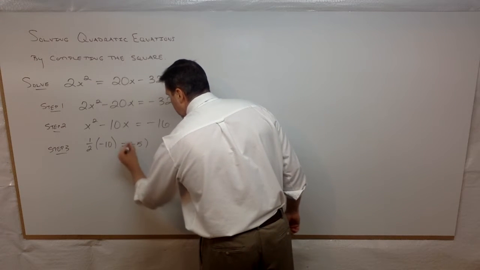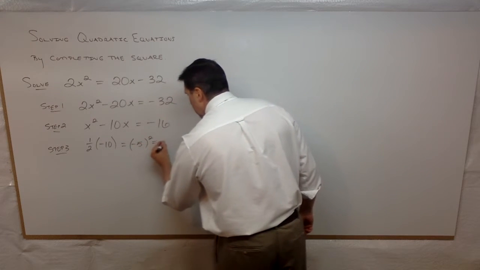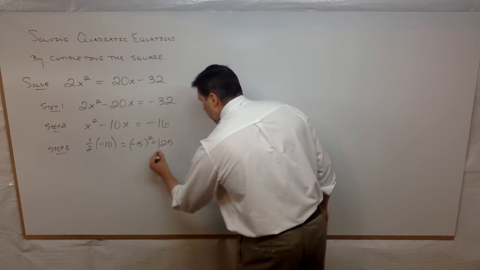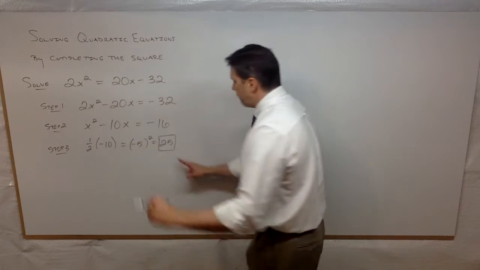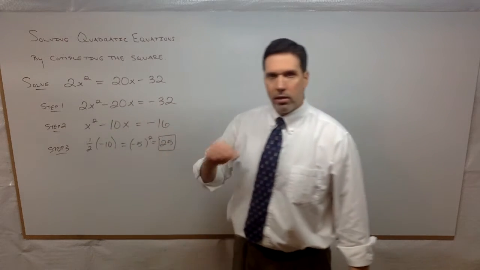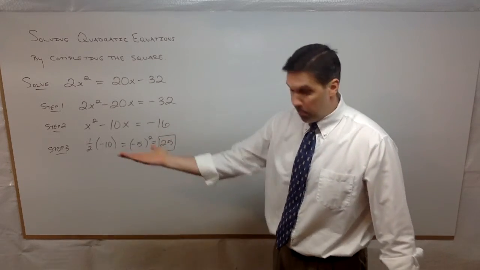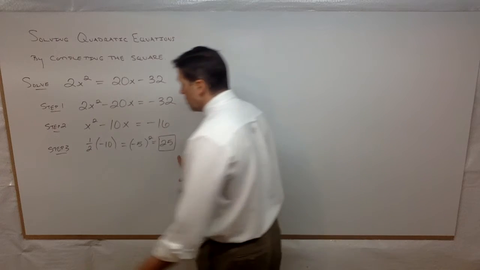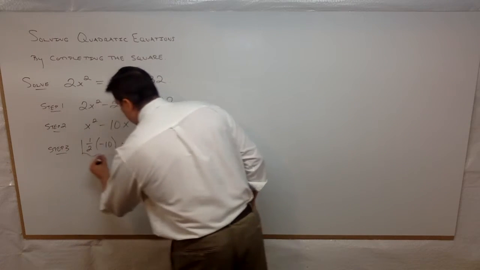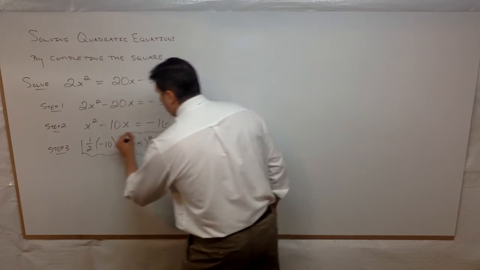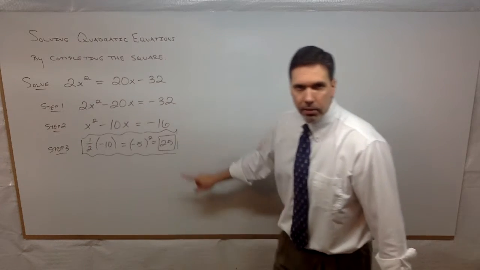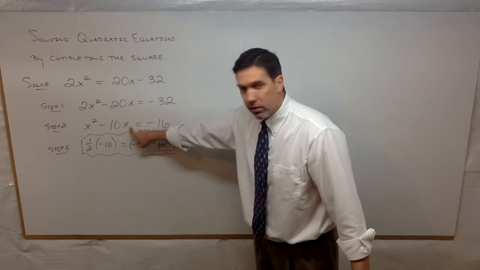And don't forget, we have to square that result. We get 25. We'll put that in a box, because if I add that to x squared minus 10x, I get a perfect square trinomial. I am completing the square. So step 3 is just scrap work. I'll put that in a box, but now I know I need to add 25 to the left side.